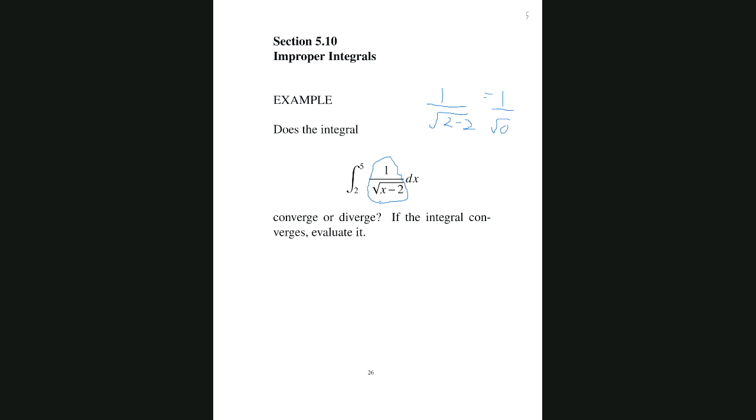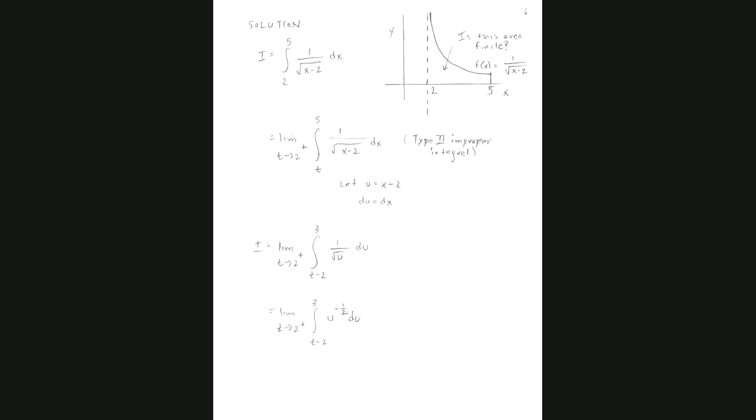And if we look at the graph here, this is the function f of x equals 1 over the square root of x minus 2. It ends at 5, but when x equals 2, there's an asymptote.